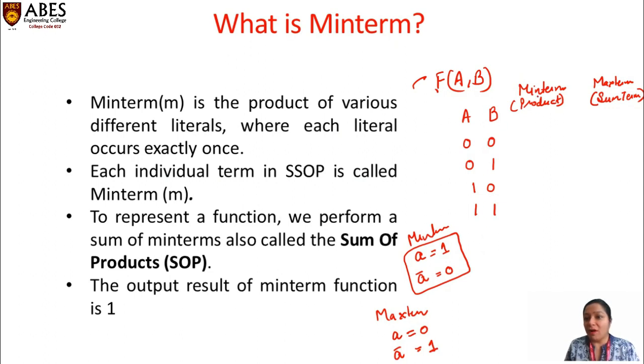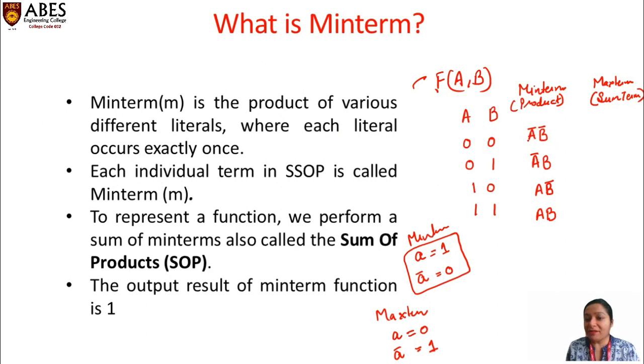Now, while forming the min term, here both the values of A and B are 0, so the min term will be A bar B bar. Here, the value of A is 0 and B is 1, so using this concept we form A bar B. Similarly, A B bar, and here A B. As you can see, these terms are the product of two literals, either in direct or complemented form.